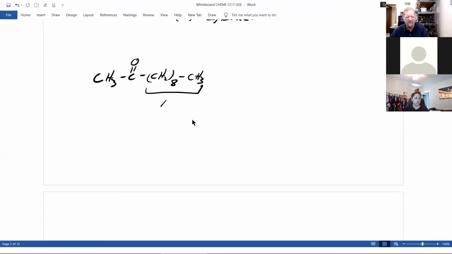And 9 carbons is a nonal alkyl group. So this is methyl nonal ketone. Also, it would be 2-undecanone, which is 11. Undecane is 11, which I didn't ask you to learn either.